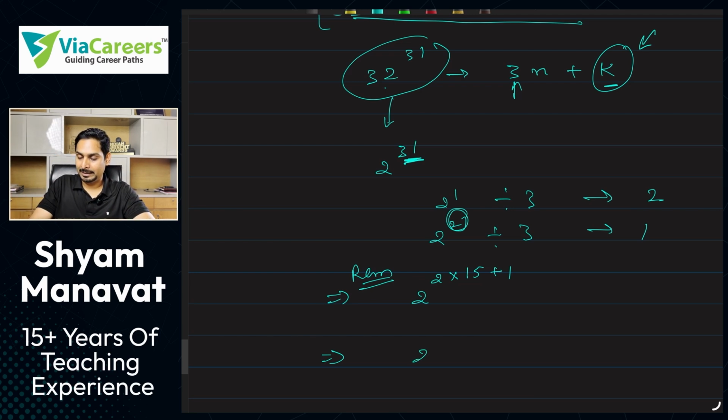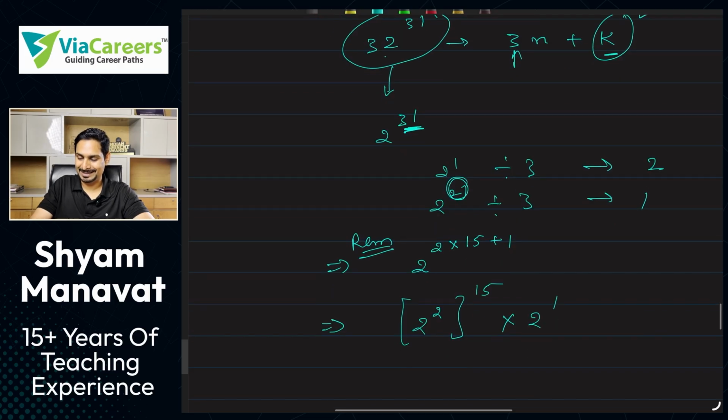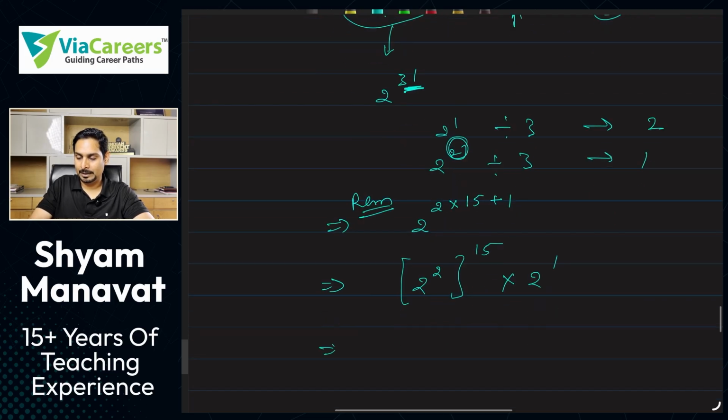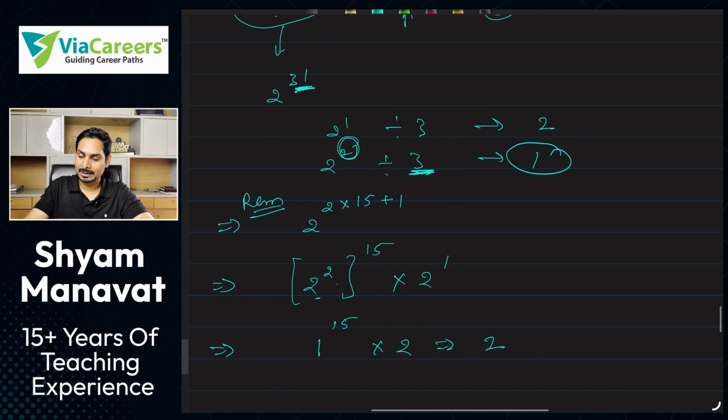Now I can apply the indices property and say 2 raised to 2 to the power 15 into 2 raised to 1, which is 2. This should be the remainder. Now here 2 raised to 2 is giving the remainder 1 when divided by 3. This is 1 raised to 15 into 2, which is 2. So what does this mean?